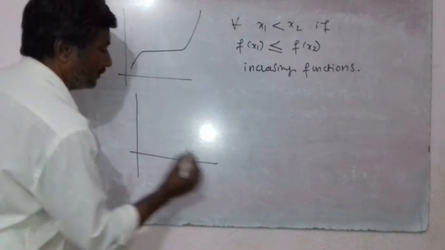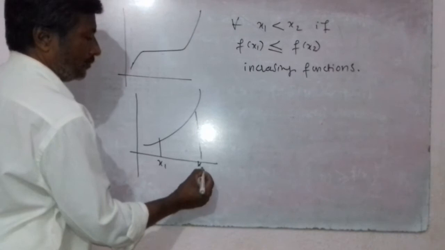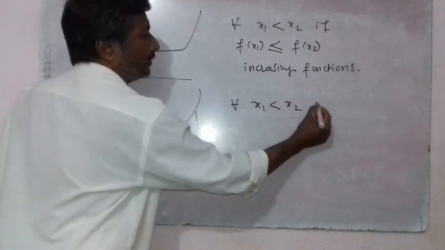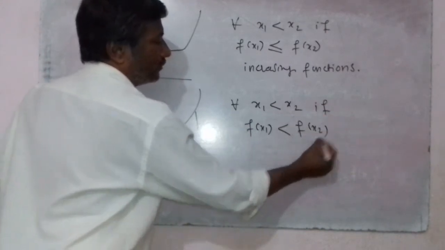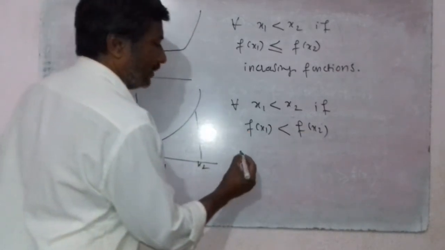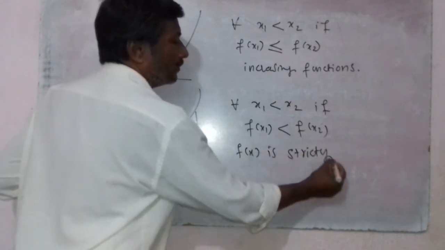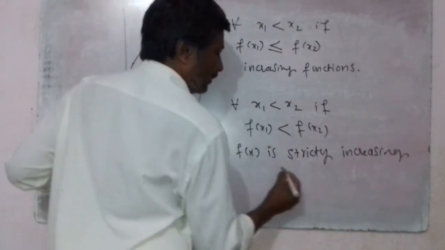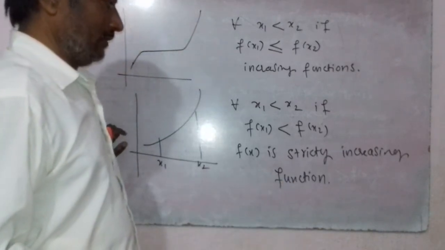And observe this one. For all x1 less than x2, if f of x1 less than f of x2, then f of x is strictly increasing function.